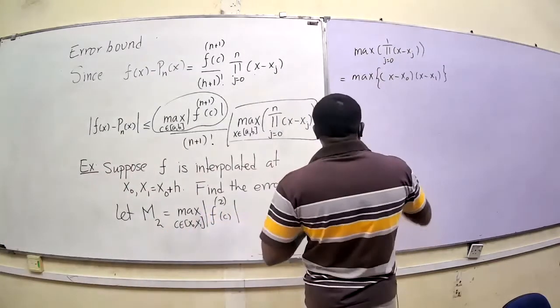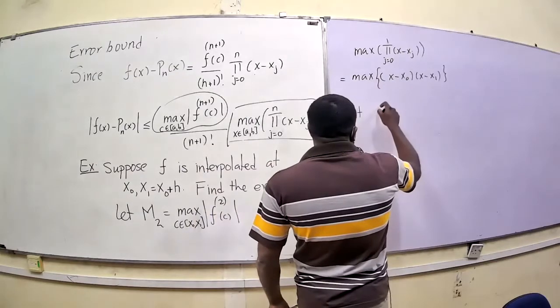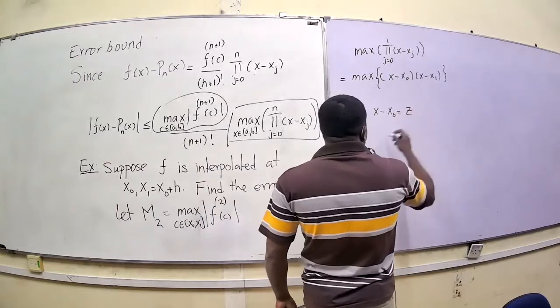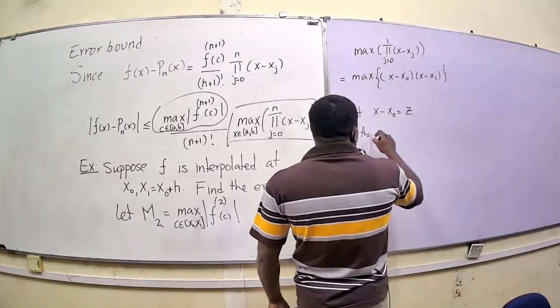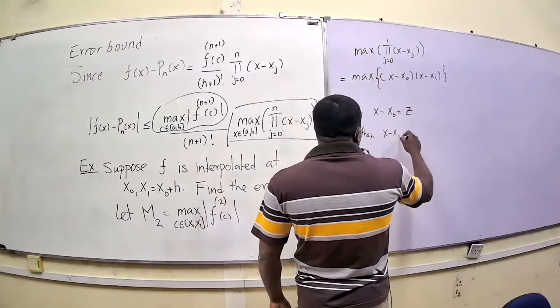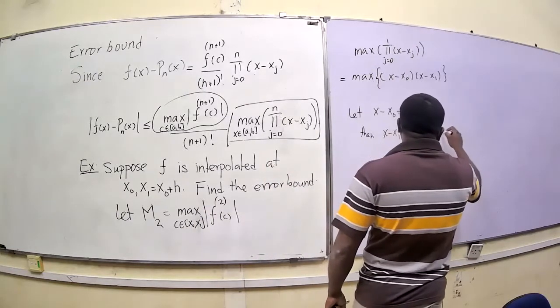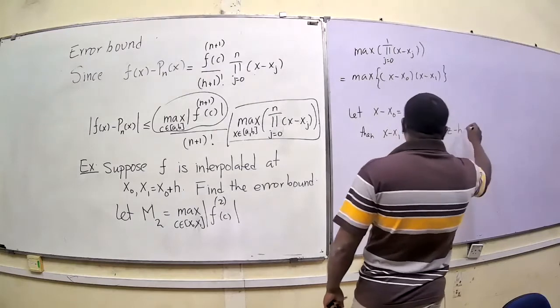To make this simple, let me name x minus x naught is equal to z. Then x minus x1 is equal to x minus x naught minus h, that is z minus h.